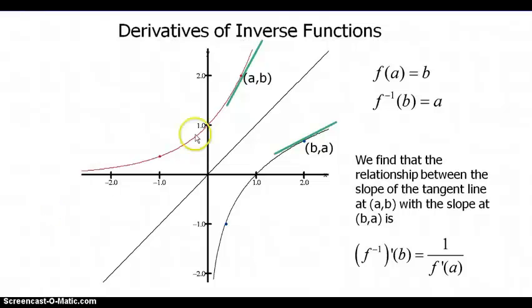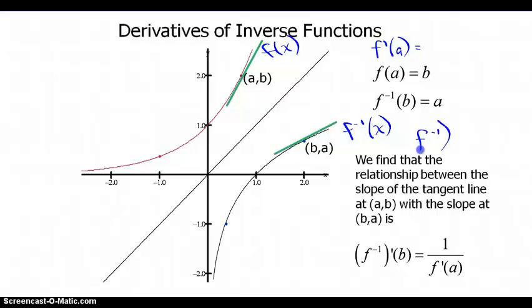So let's look at the derivatives, or the slope of the tangent lines, for a function f and its inverse function f inverse. So the slope of the line f prime at x equal a has a relationship. It's not a direct relationship, but it has a relationship with the derivative of its inverse function through b, and it is a reciprocal relationship.